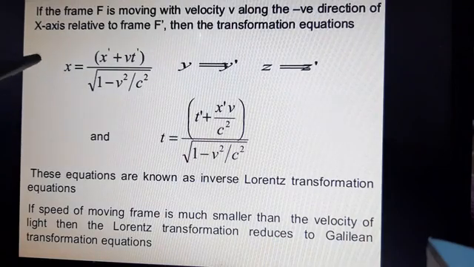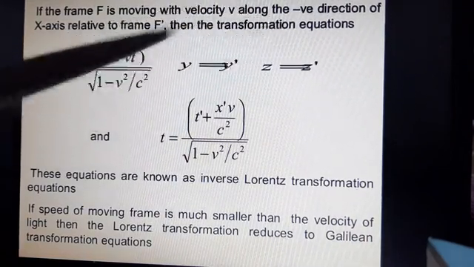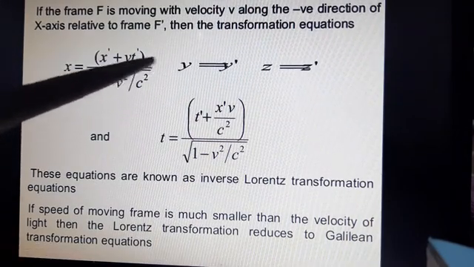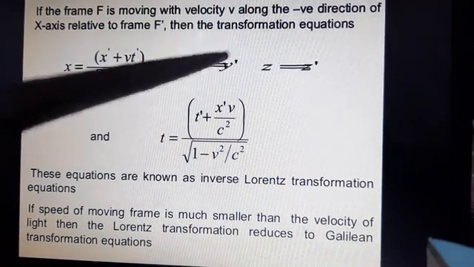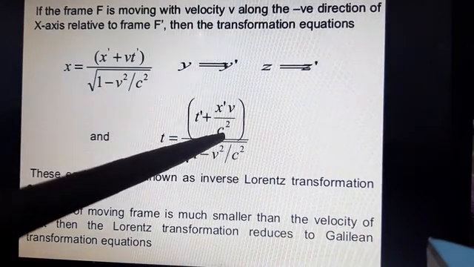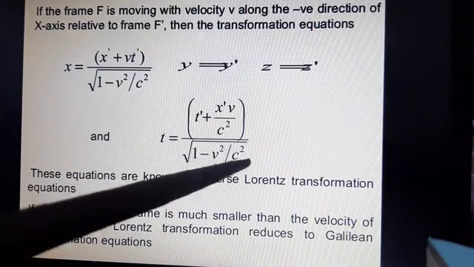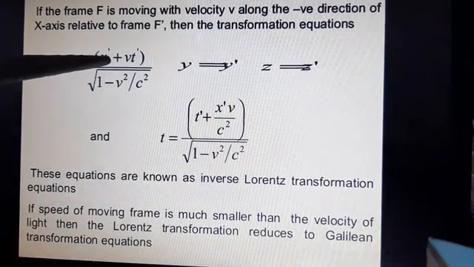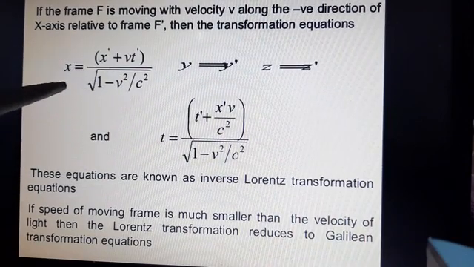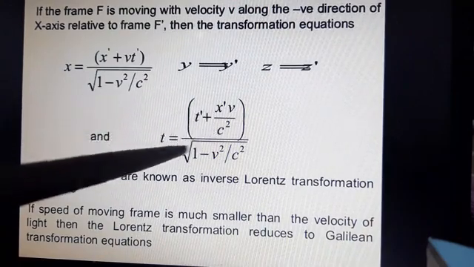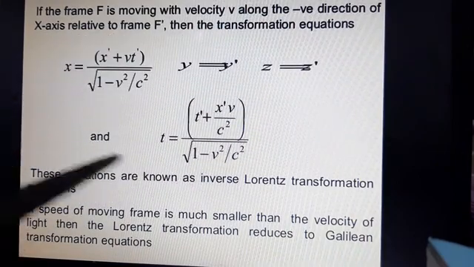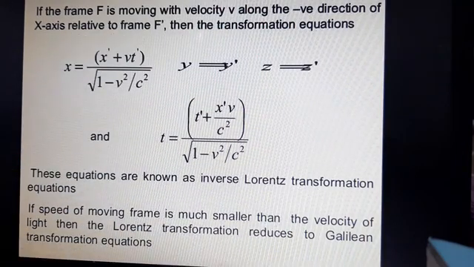Then the transformation equations become x is equal to x dash plus vt dash over square root of 1 minus v square upon c square, and y is equal to y dash, z is equal to z dash, and t is equal to t dash plus x dash v upon c square over square root of 1 minus v square upon c square. So in these equations, v is taken as minus v and x, y, z, t are changed to x dash, y dash, z dash and t dash. So the set of these equations is called inverse Lorentz transformation equations.